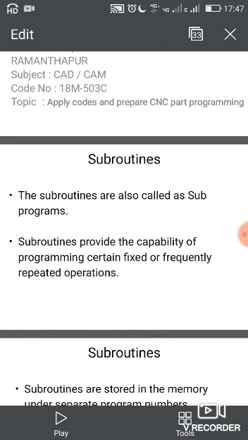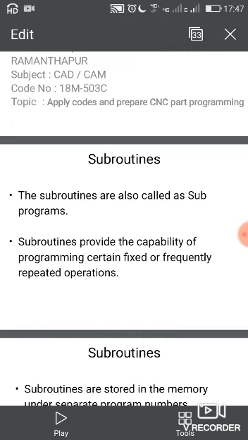A subroutine is also called a subprogram because the syntax of the subroutine is identical to that of a main program. It is used when the part has repeated features.